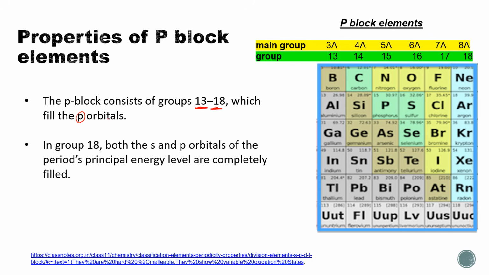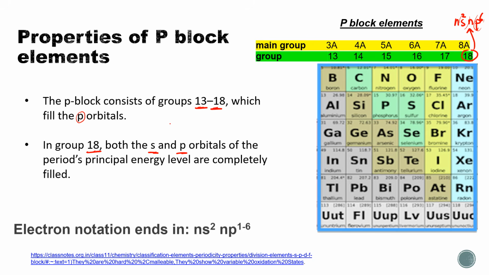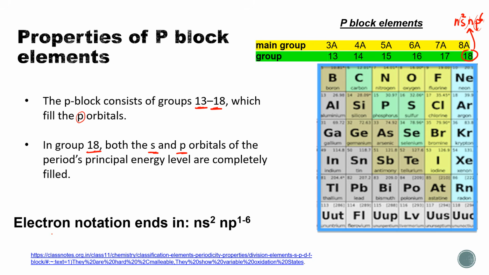So in group 18, both s and p orbitals of the period's principal energy level are completely filled. What does that mean? It means in group 18, they end with ns2, np6. Meaning the s orbital and the p orbitals are full. And this is the electron notation for block P.